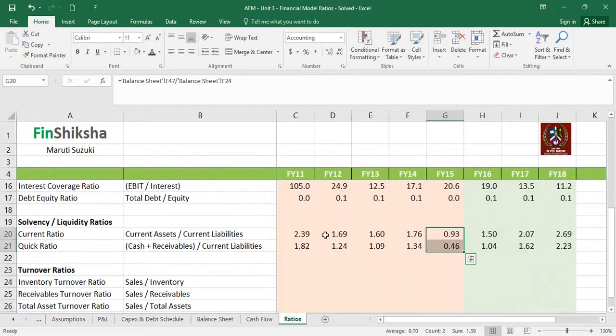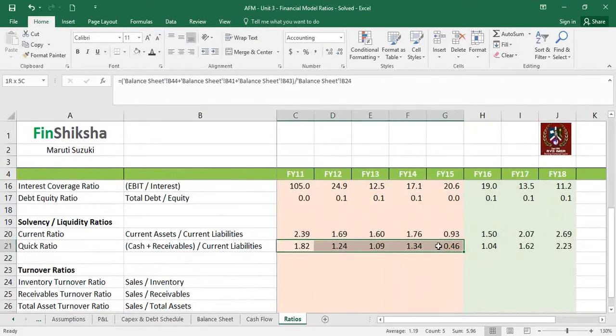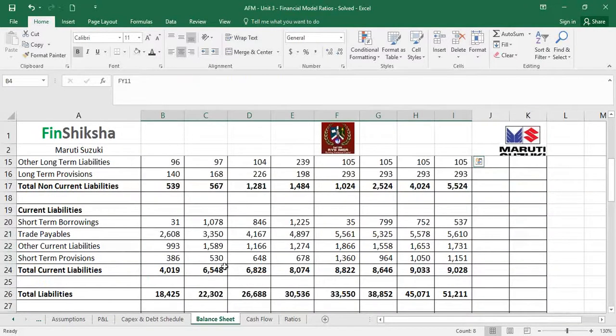Why? Because they have successfully moved towards a negative working capital scenario, right? And Maruti seems to be doing that in the years as we lead up, from the current ratio going from 2 to 0.9 and quick ratio going from 1.8 to 0.46, right? So they've basically started using the cash, it seems.